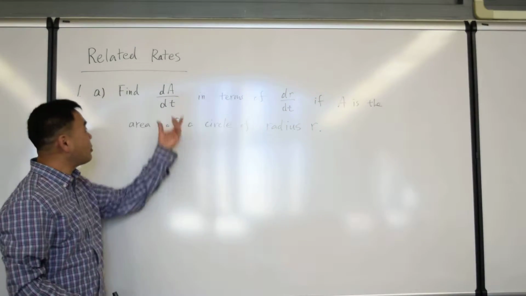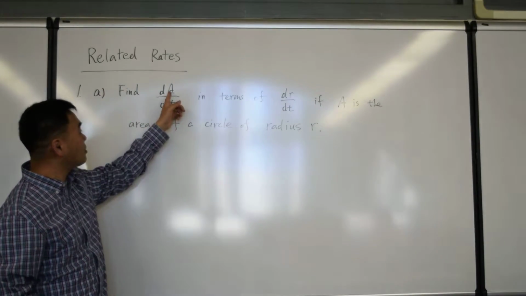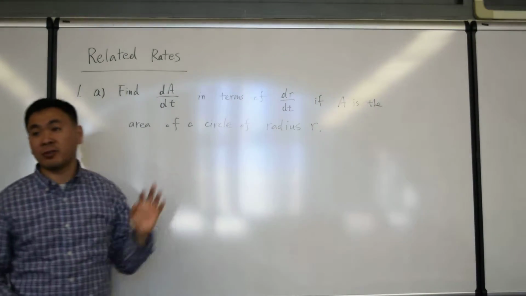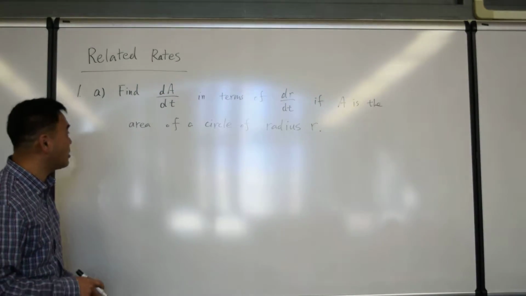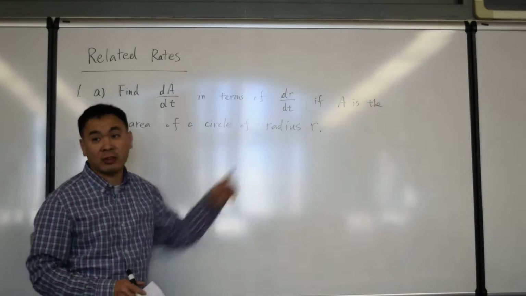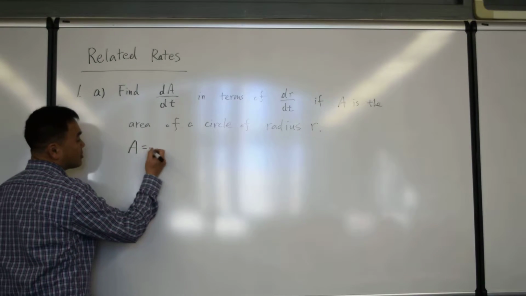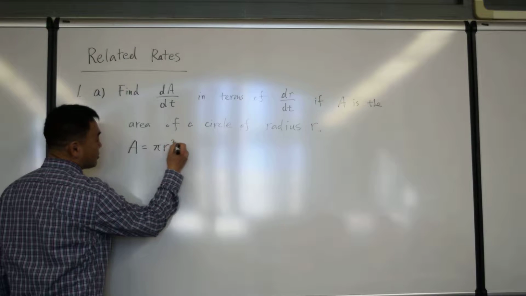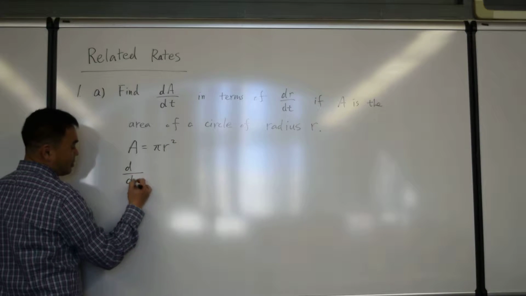Now, in order to have any relationship between the derivatives, you better have a relationship between the variables itself. So you first have to figure out the variables' relationship, A and r. What's the relationship between the area of a circle and the radius r? A is pi r squared. Okay? And then you just have to differentiate both sides by t.